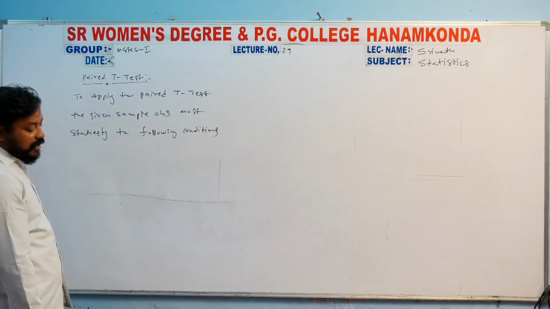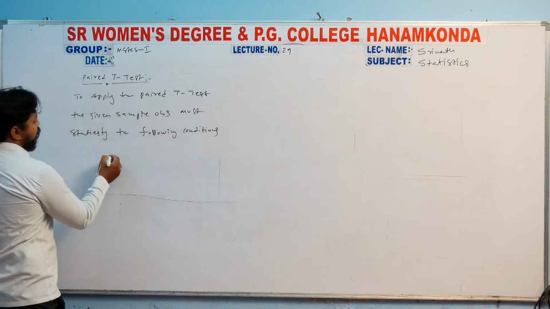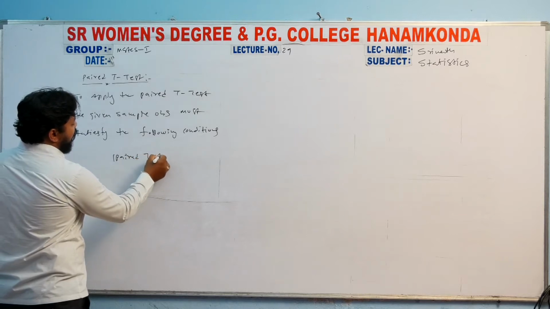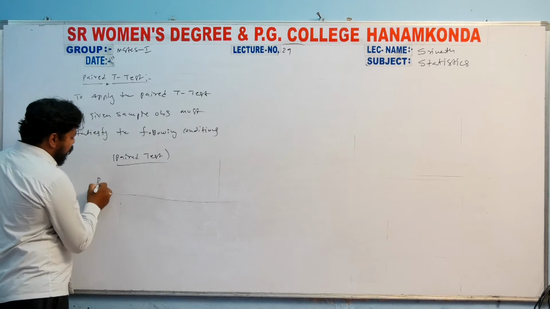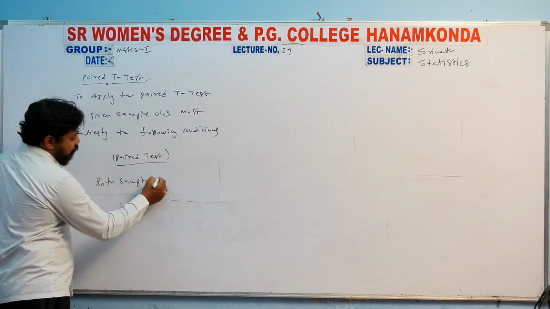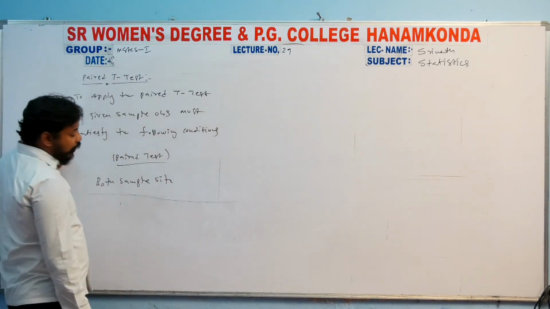Both the sample sizes are equal. Generally, the paired t-test condition is that both the sample sizes should be equal.